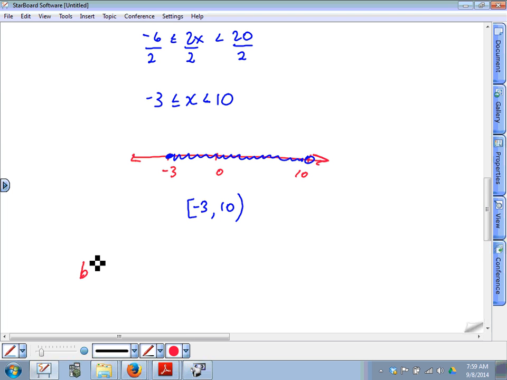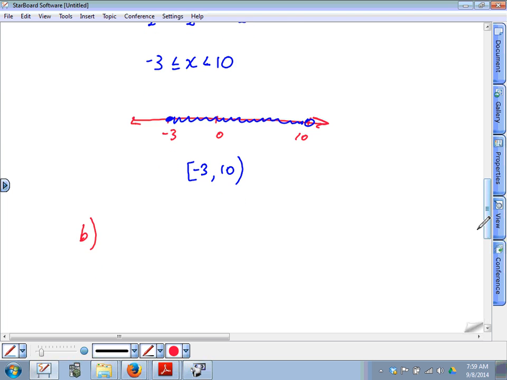Other type of compound inequality would look like this.